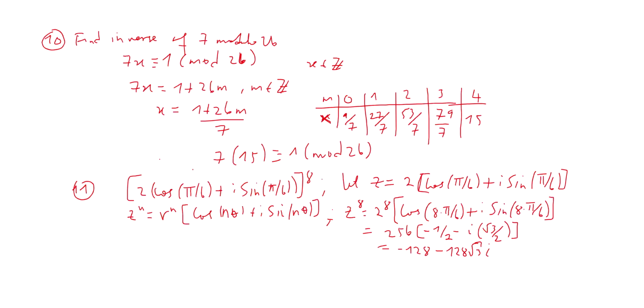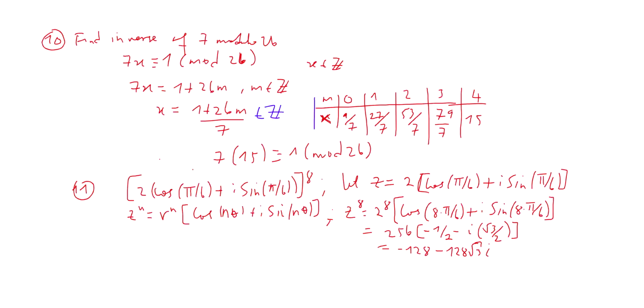Of course, you shouldn't forget, we are looking for x such that x is also an integer. So here we draw a table. We put m to be 0, then we calculate x and get 1 over 7.